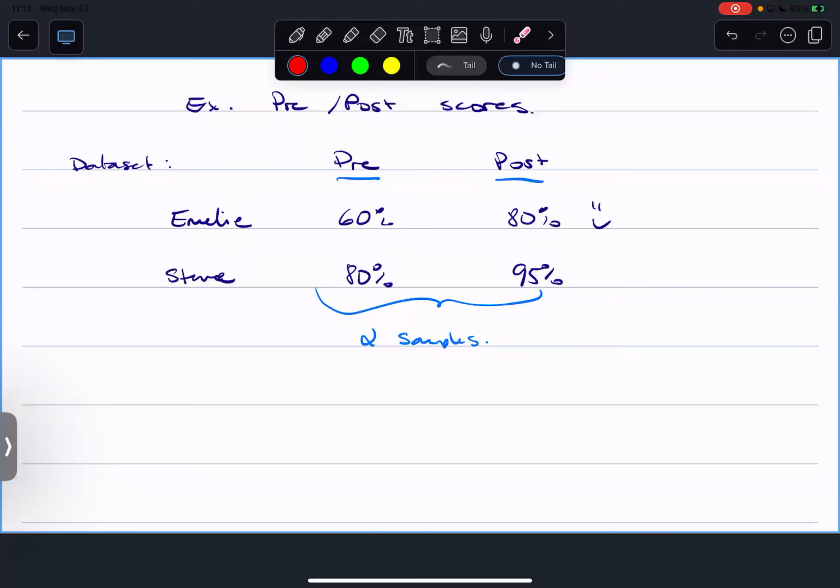Okay, and so that's the difference between these two sections. And so now these data are paired on who wrote the test, right? I started at a lower level, but I improved, right? It's still lower than, well, it's the same as Steve's when he started, right?